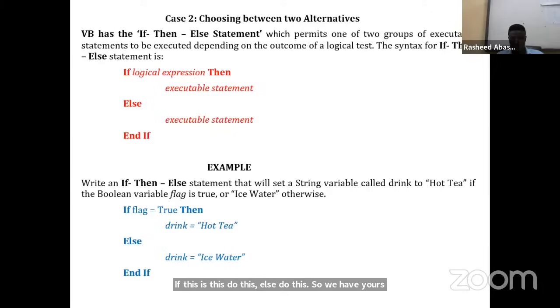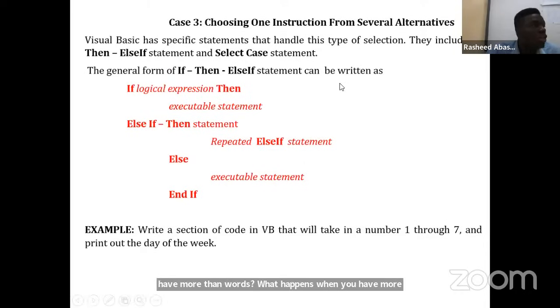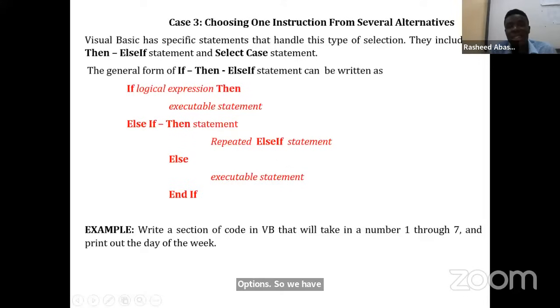But now let's see what happens when we have more than the two options. So we have the if then else if statements. This can help us take care of three or more alternatives or options.